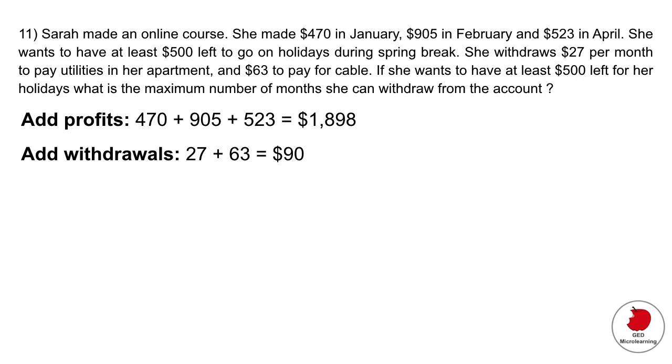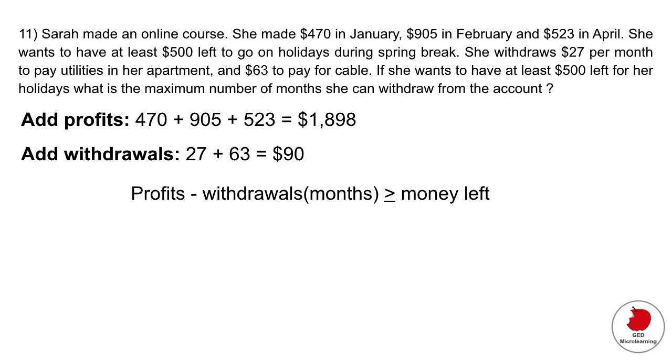All right, and then you want to go ahead and set up your equation. So this is what the equation would look like. We have what she made as a profit. We would subtract the amount that she's withdrawing every month. So we said it's $90 multiplied by X. X months, because we don't know if it's 2 months, 5 months, 20 months.